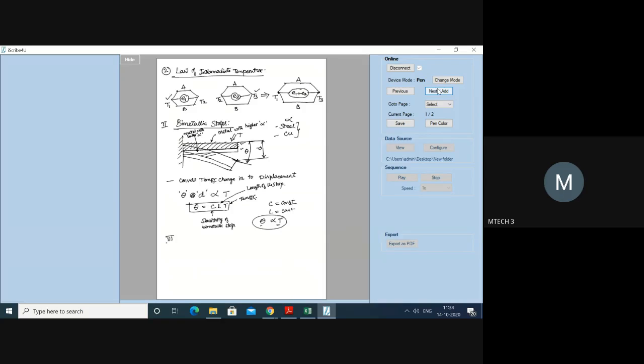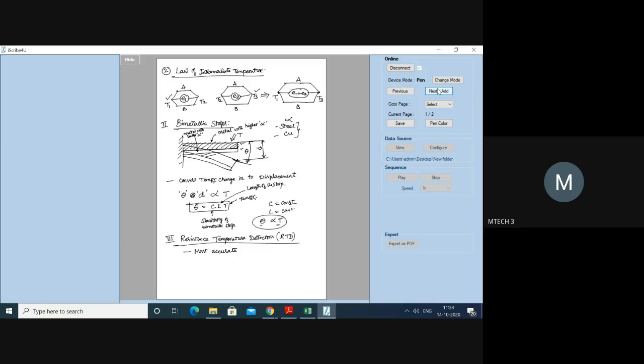So the third one is the resistance temperature detectors, RTD. Remember, very important, this is the most accurate.